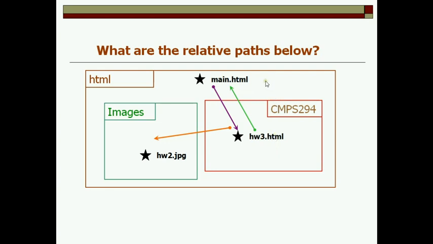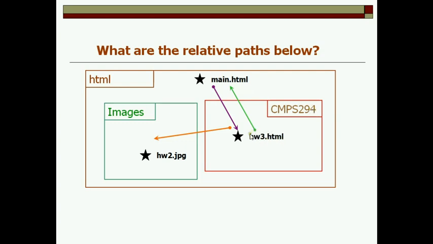So let's assume that for the moment we have loaded the file main.html, which exists in this directory, onto the browser, and that this file specifies a link to the file homework3.html. Since this one exists in a subdirectory, you need to specify the path cmps294/homework3.html.